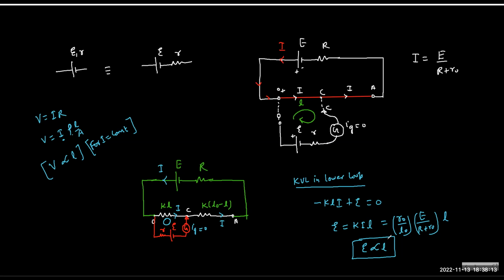Now, as you change the cell, let's say if you bring some another cell with some different EMF, the null point will shift or remain same? Shift. So if I increase the EMF from this value, the null point will be right of C or left of C?